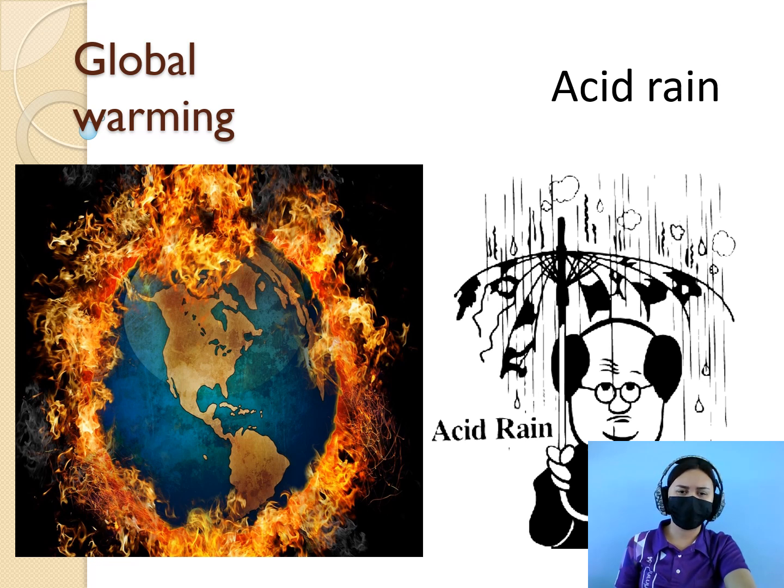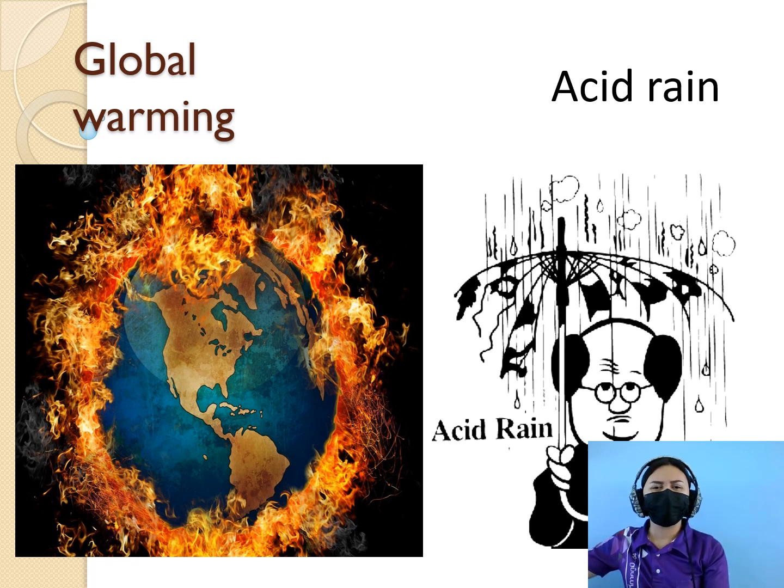Global warming. Look at the picture. You see the earth is on fire. What does it mean? It means it's very hot. That is why the glaciers are melting in the North Pole and South Pole, because of global warming. Acid rain.